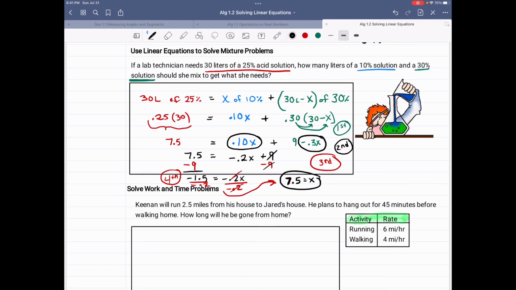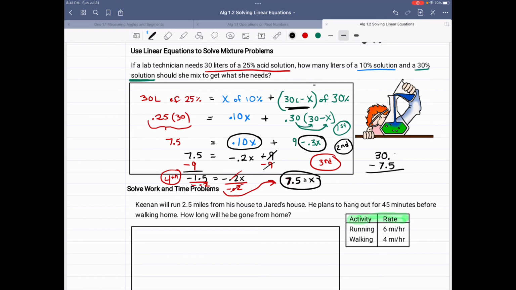So how much do we need of the 30% solution? If you remember back up here in the beginning, we said it was going to be 30 minus x. So if x is 7.5, then we need to do 30 minus 7.5.